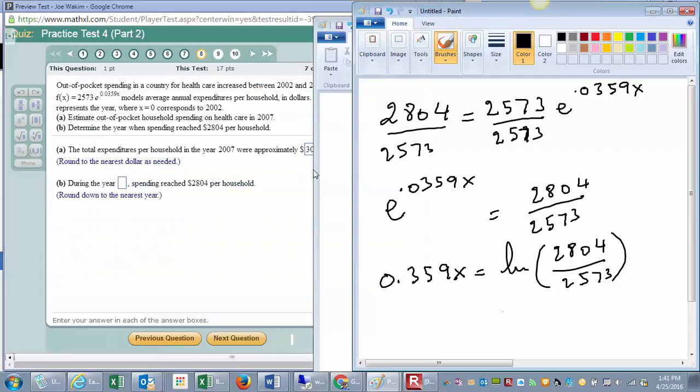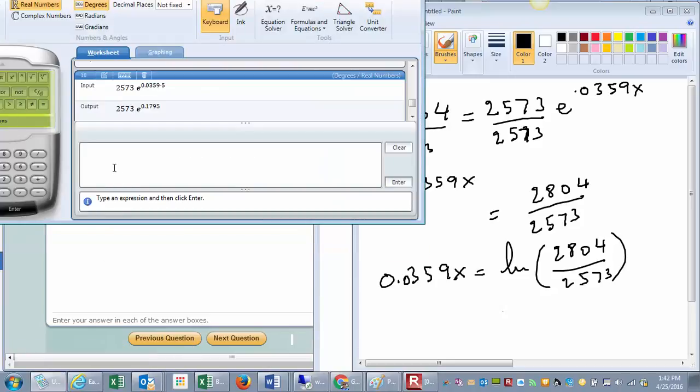So we need to find x. Spending reached 2,804. So 2,804 equals 2,573.0. So I missed the 0 here. Okay, let's do it again. So we have natural log of 2804 divided by 2573, and this is divided by 0.0359.